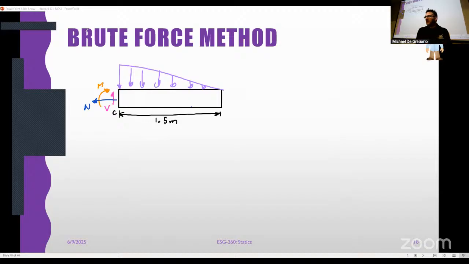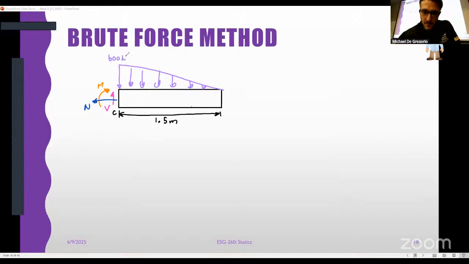It's a line. So given that we split it at 1.5, which is halfway through, since it's linear and it goes from 1200 to 0, we should be at the midpoint of that function, right? Should be 600 Newton per meter. Can we prove it?